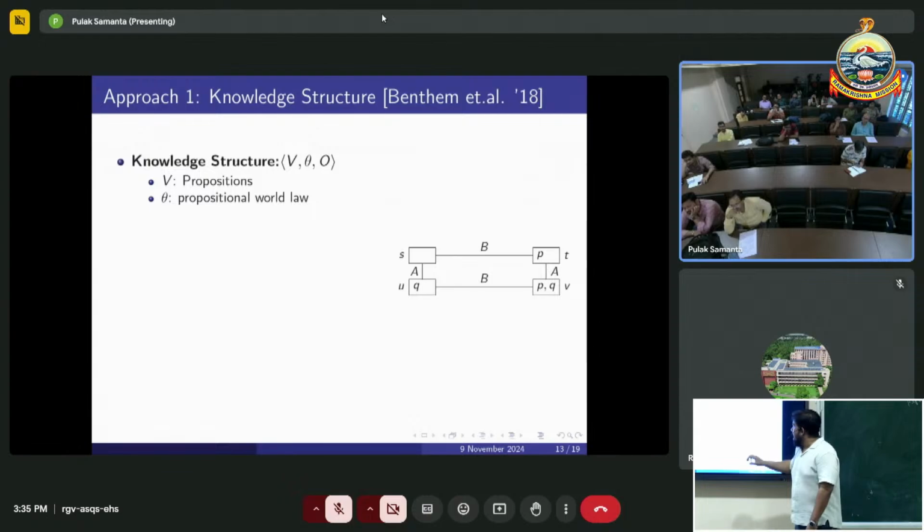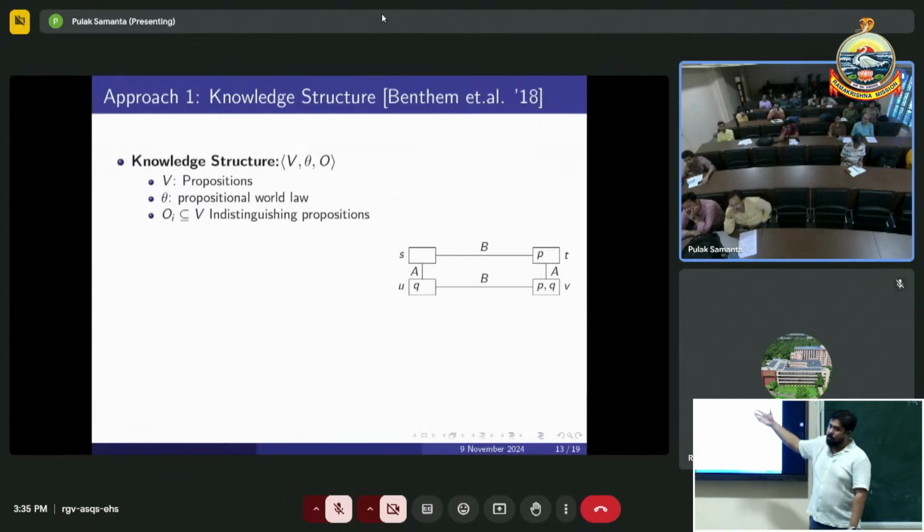And O is, for each agent, O_i, which is a subset of V. This tells you the indistinguishable propositions, or in simple terms, the propositions that agent i can actually observe. I'll come to what that means with this example.